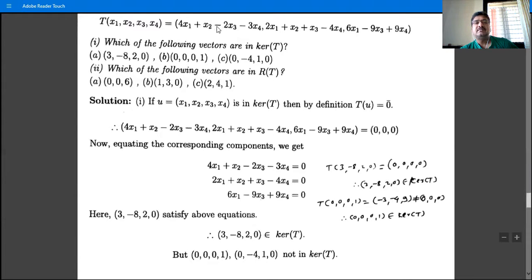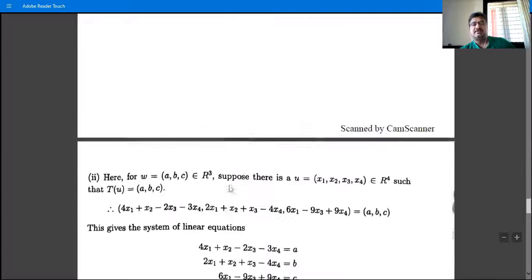Then T of (x1, x2, x3, x4) is equal to (0, 0, 6). Then write T of (x1, x2, x3, x4) as this, and then we have the system. This is equal to 0, this is equal to 0, and this 6x1 minus 9x3 plus 9x4 is equal to 6. So solve that system.